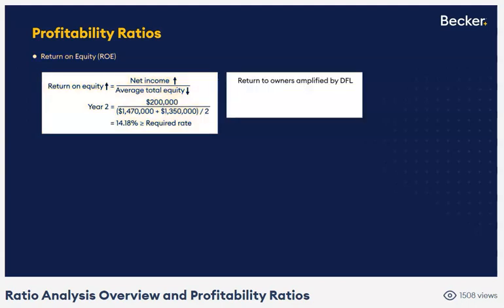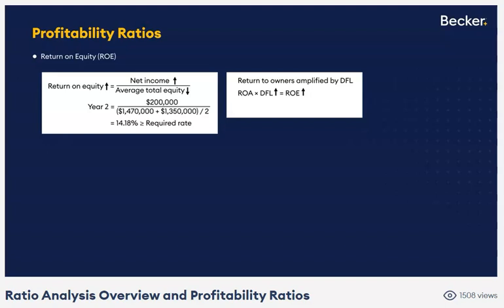So when you look at return on equity, you need to understand that's different than return on asset. The return on asset is amplified by the company's degree of financial leverage, how they raise their capital, what combination of debt versus equity. So when you take the company's return on asset and you multiply it by the degree of financial leverage, now you've got your return on equity.